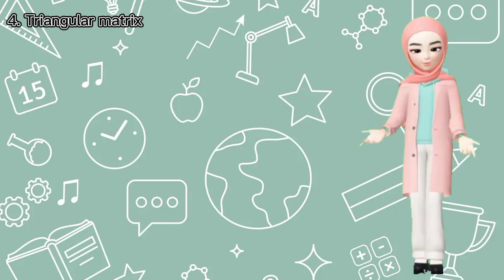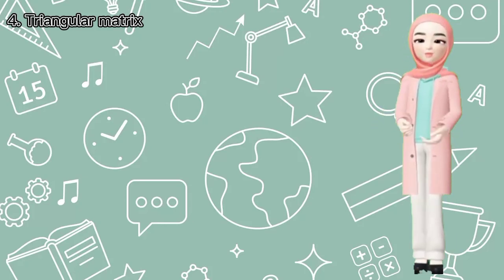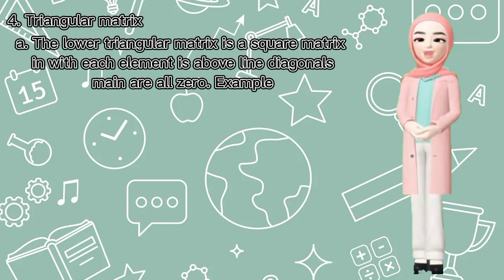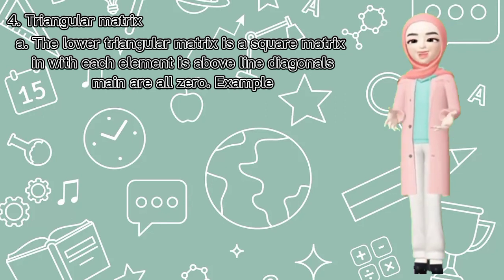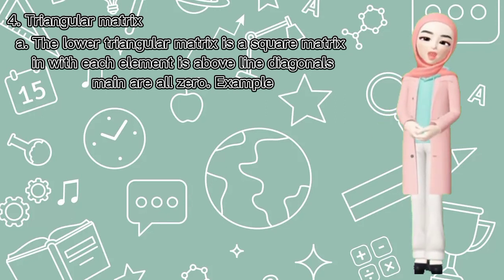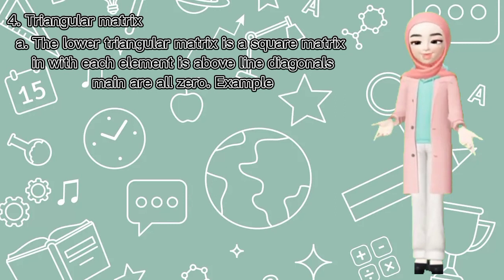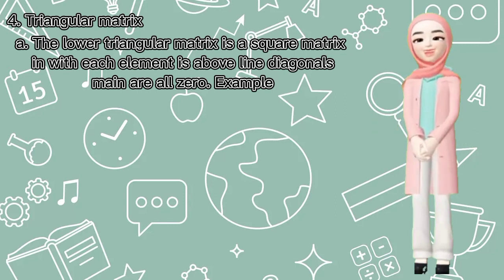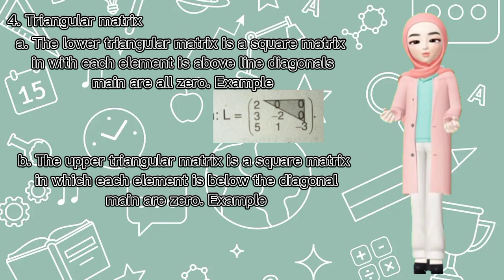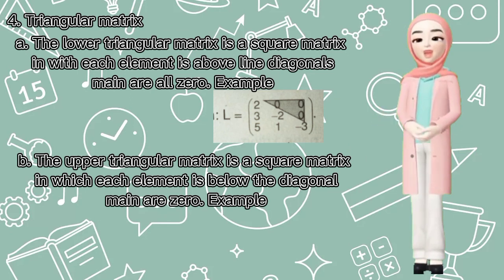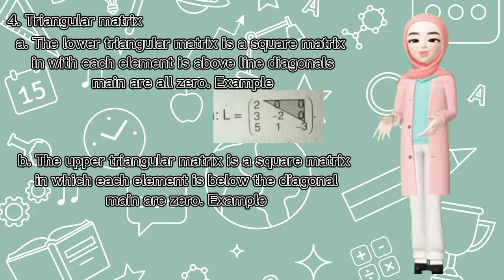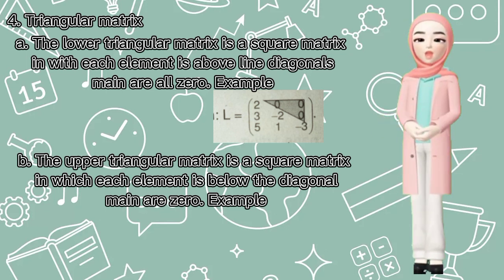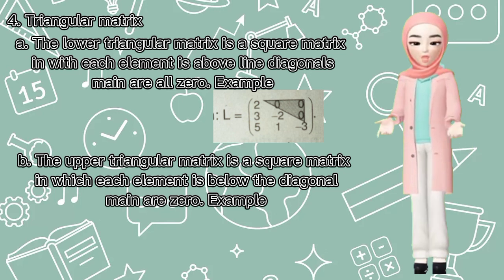4. Triangular matrix. A. The lower triangular matrix is a square matrix in which each element above the main diagonal is 0. Example. B. The upper triangular matrix is a square matrix in which each element below the main diagonal is 0.